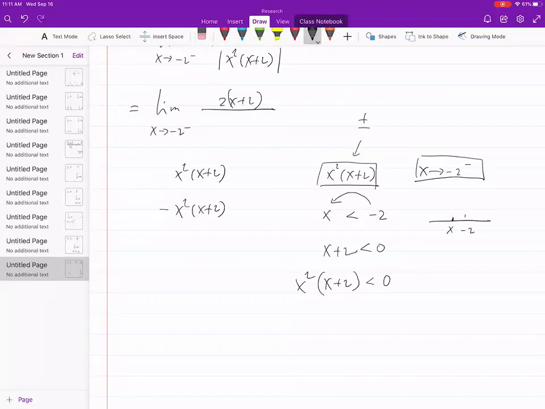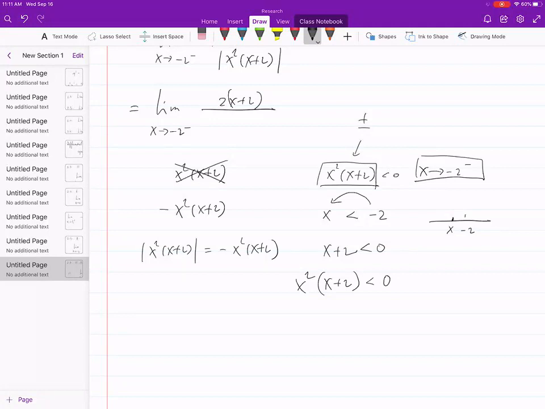So if this is less than 0, what about the absolute value of this? We should pick this one and cross out this one because that is negative. That's the whole argument for the absolute value here.